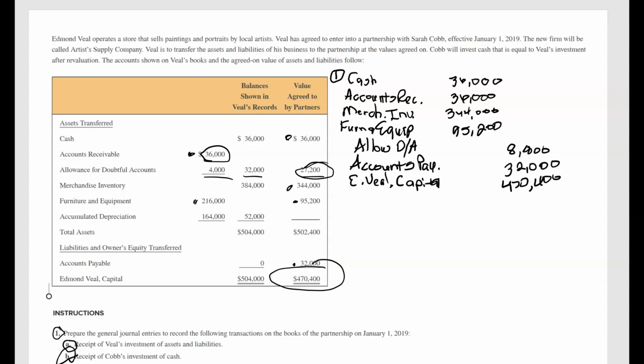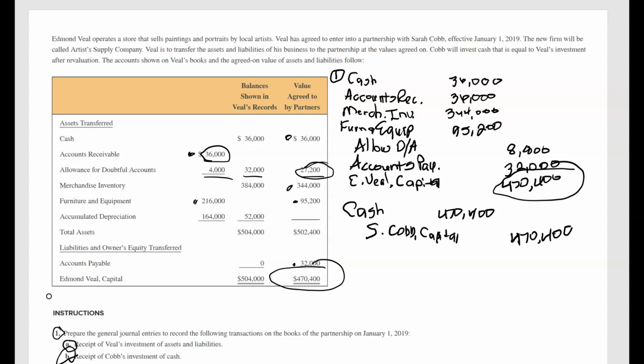So for that part, you will debit cash $470,400 and credit her new capital, which is Sarah Cobb capital, for the $470,400. So they are equal partners, so they each have an investment of $470,400 in the capital account.